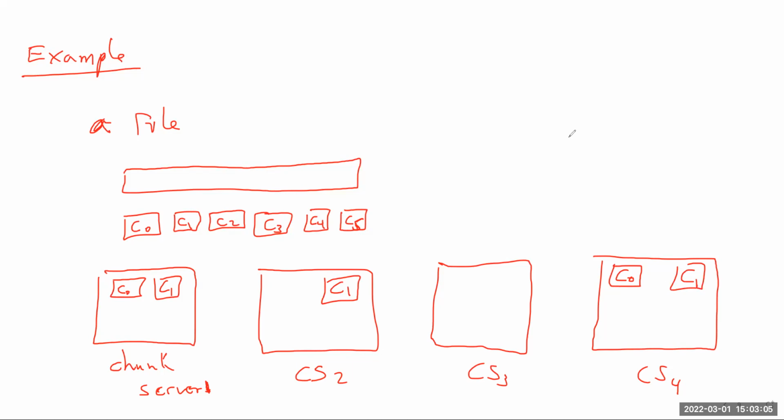You have one managing computer, right? A managing computer that will keep track of where things are. But what's important is that chunk servers also serve as compute servers. All right, so what this means is that this chunk server is also a compute server, and so the storage of the data and the processing of the data are basically reduced to just a process, right?